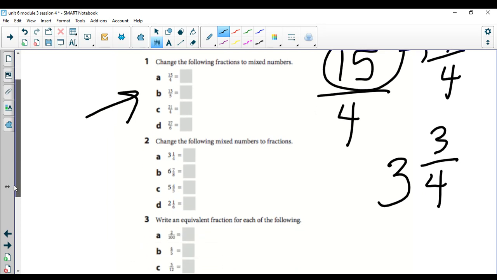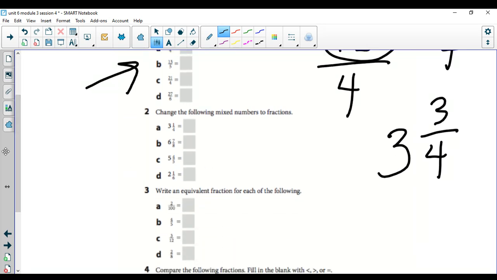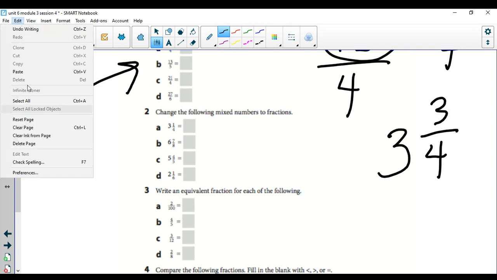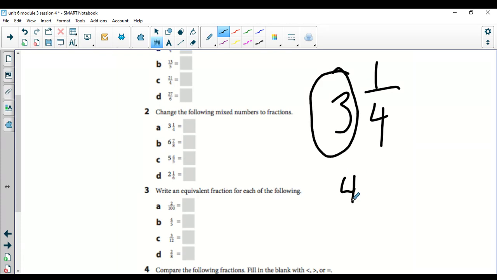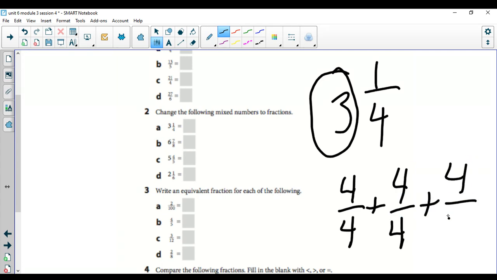Now we're going to move mixed numbers to fractions. So if we have, I'm getting rid of the ink. If we have 3 1/4, I'm going to make it big over here. 3 1/4, we want to make that improper. This 3 represents, here's 1, here's 2 whole, and here's 3.